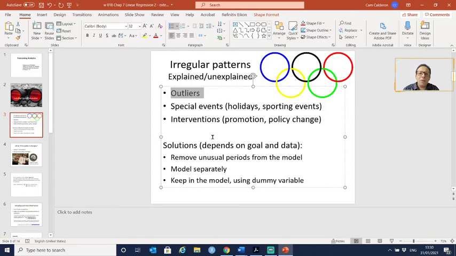So apart from that, we have special events such as holidays and sporting events. That is why we have here the Olympics. So we can add those special events to our data sets. Now we can use dummy variables. I recall that dummy variables are simply ones when the event is happening, zero when the event is not happening.